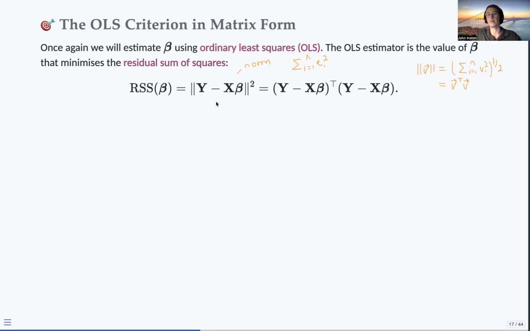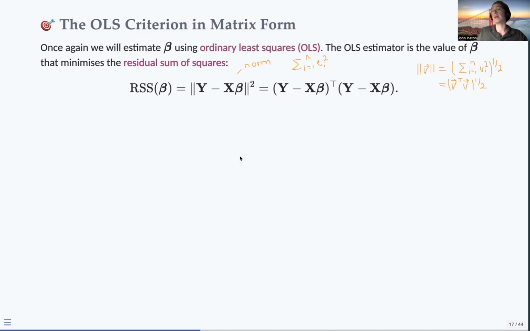Essentially, we have written the equivalent of this sum of the squared errors in terms of matrices, and in terms of the squares of matrix norms. I should also say that this was the norm to the power of a half, which is why once it's squared, it no longer is squared over here.